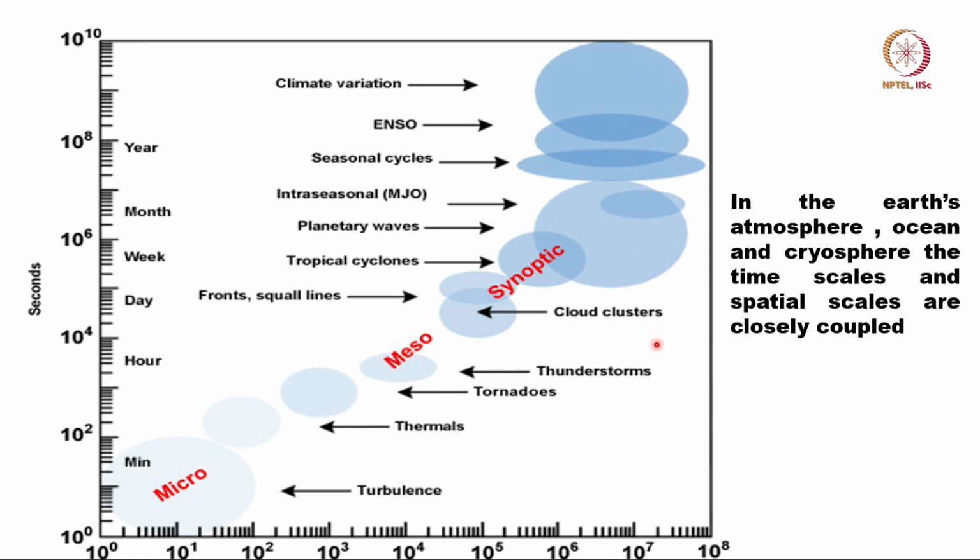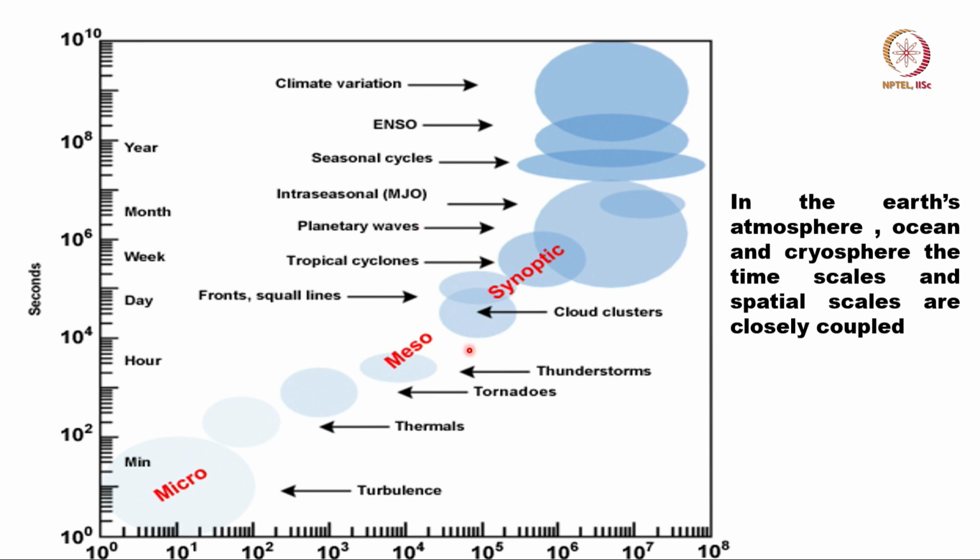To give you an example, our model has scales going from 1 meter to 10 to the power of 8 meters, and time scales from 1 second to 10 to the power of 10 seconds, so many years. Okay? And in the present course, our focus is on long-term climate. So we look at these scales, years and longer and thousands of kilometers long. But if you are interested in a cyclone, then you have to be in this scale.